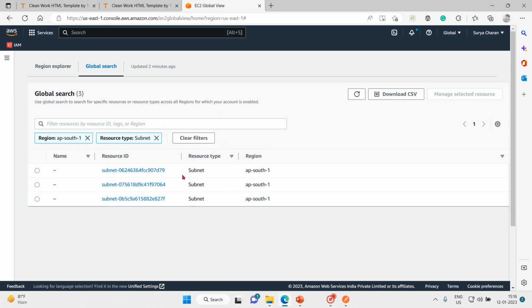One part has a subnet with this resource ID, another part has a subnet with this resource ID, and another part has a subnet with this resource ID. What is a subnet?